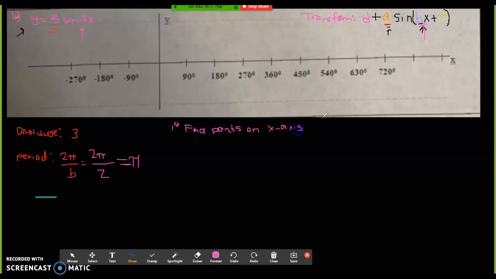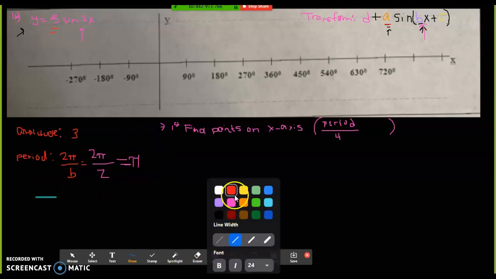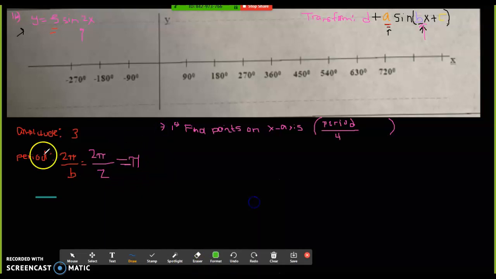And we're going to do that by taking the period of the graph and dividing it by 4. Okay, so that's the first step. So our period is pi, and so we need to take pi and divide pi by 4.